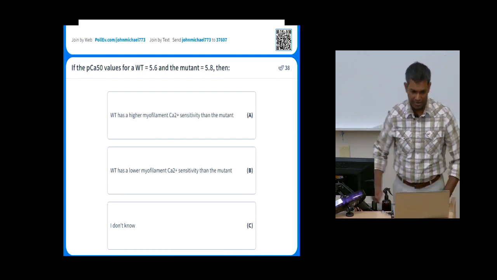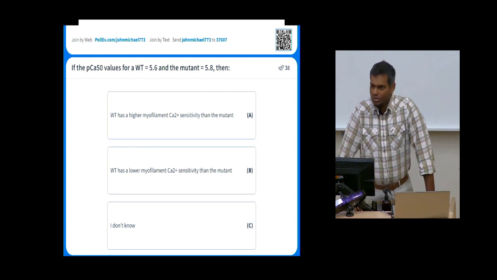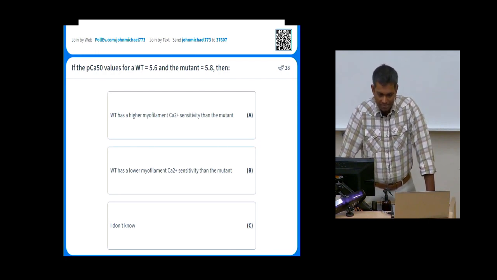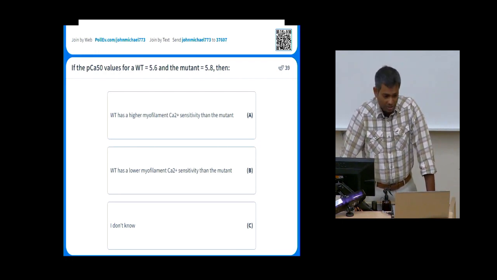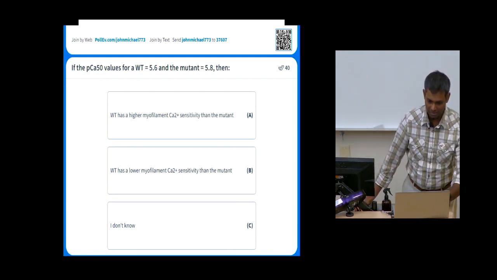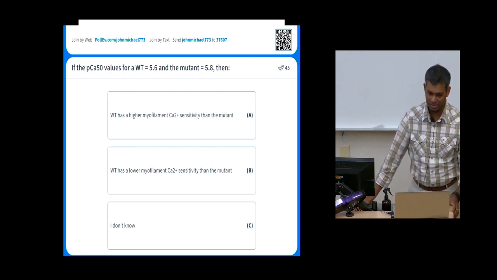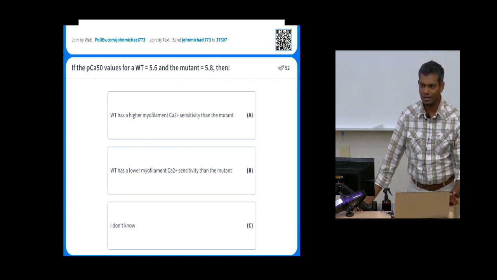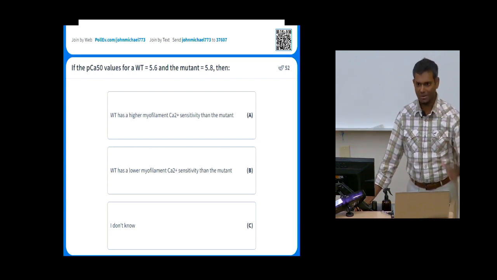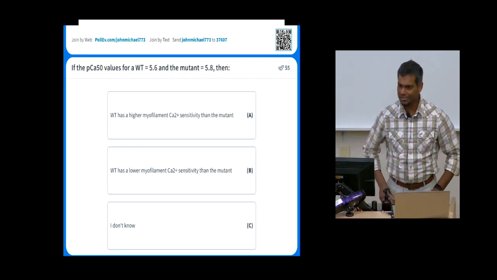If the pCa50 value for a wild type is 5.6 and for the mutant is 5.8, then which of the following statements is correct? The wild type has a higher myofilament calcium sensitivity than the mutant, or does the wild type have a lower myofilament calcium sensitivity than the mutant? Can you see how I'm ramping up the complexity? Unless you know what pCa stands for, you can't answer this question.